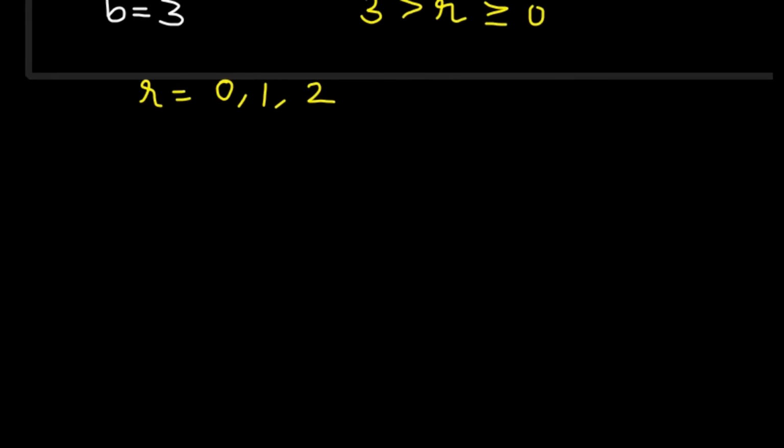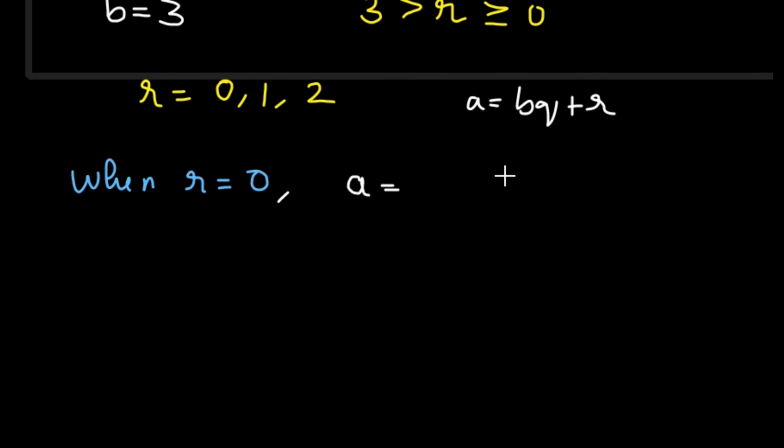Now, when r equals 0, a equals bq plus r, क्या हो जाएगा? a equals 3q plus 0. a equals 3q.